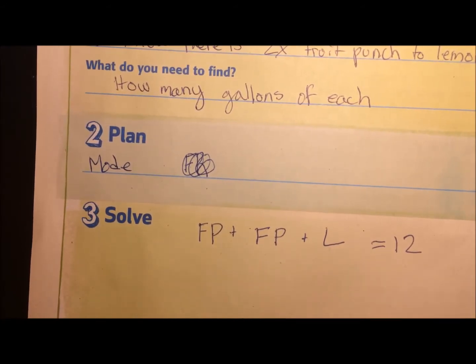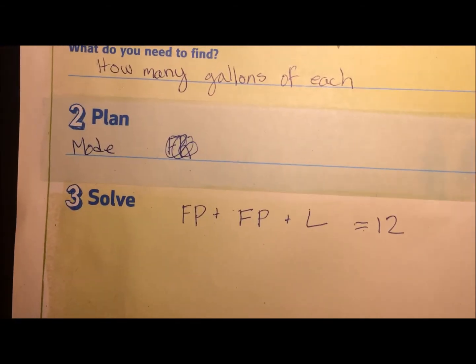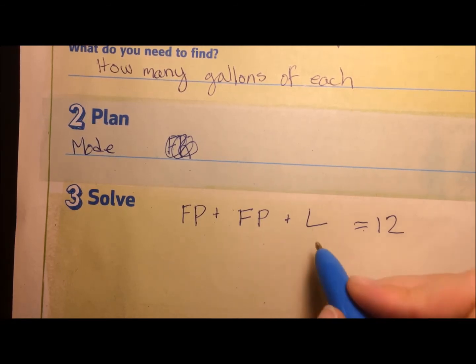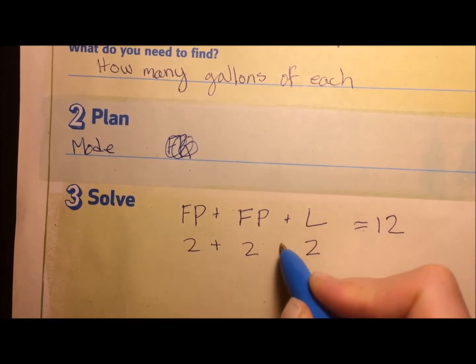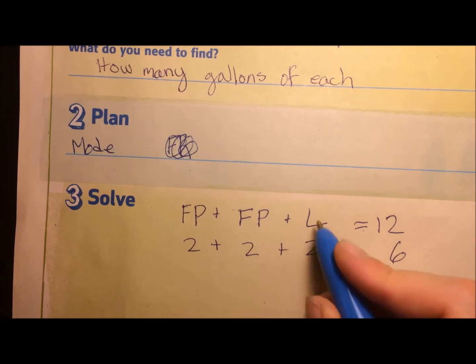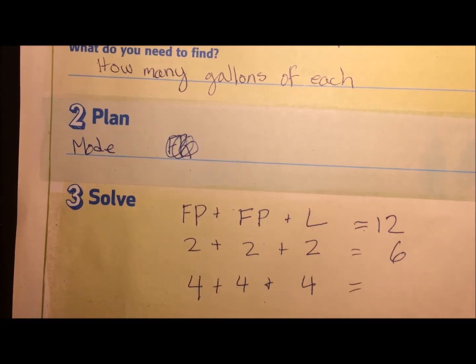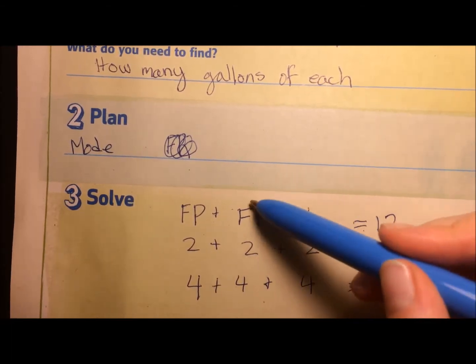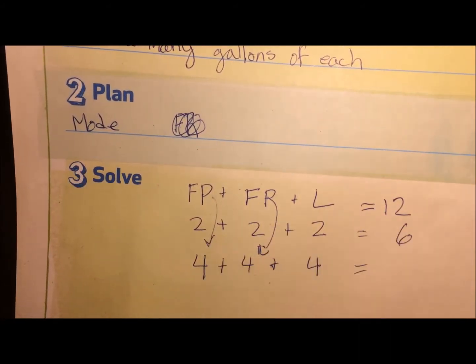Okay, so now we can kind of guess a little bit. All right, to try to come up to 12. All right, well, if I say 2, 2, and 2, well, that's only going to be 6. Okay, so double it. So say there's 4 lemonades. So then there would be this many fruit punches. And this many fruit punches.